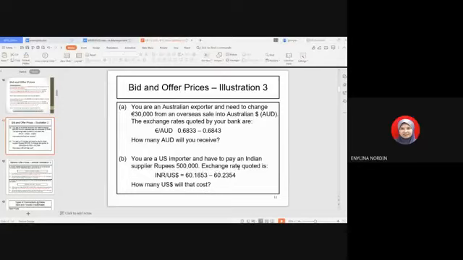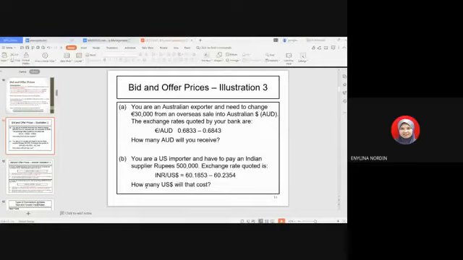And then the exchange rate quoted here for rupees against US dollar is between 60.1853 and 60.2354 per US dollar. So here, how many US dollar will it cost for this 500,000 goods, or product in India?